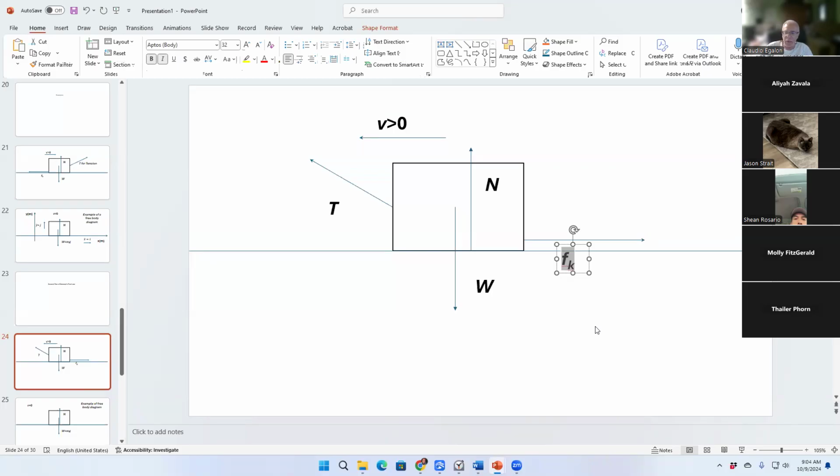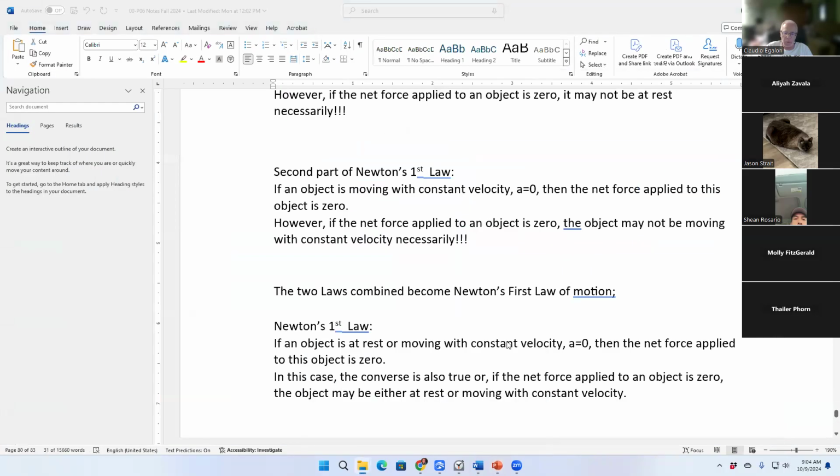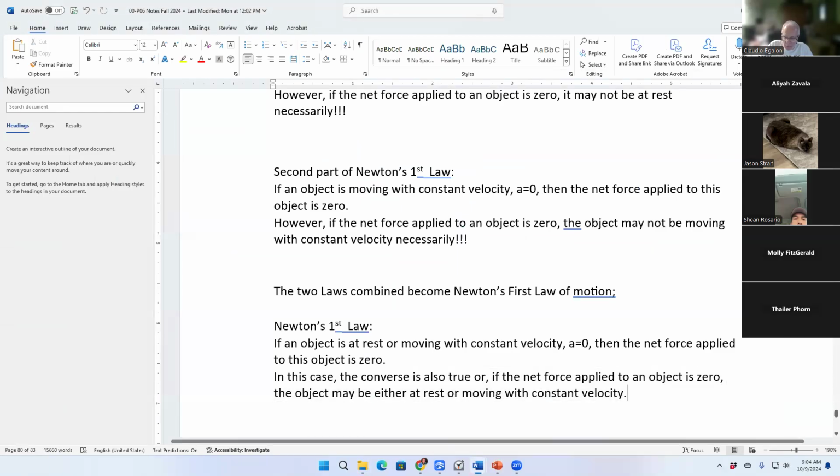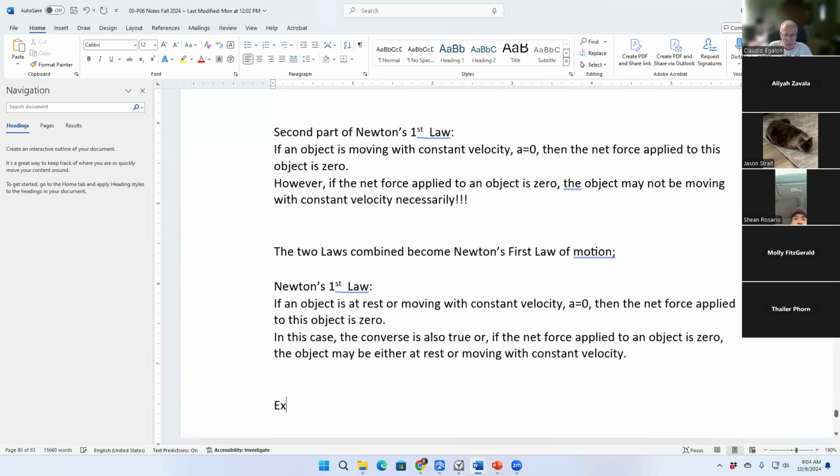There is the static force of friction and there's the kinetic force of friction. That's why I put here the subscript K. So the object is moving, example in the slide.